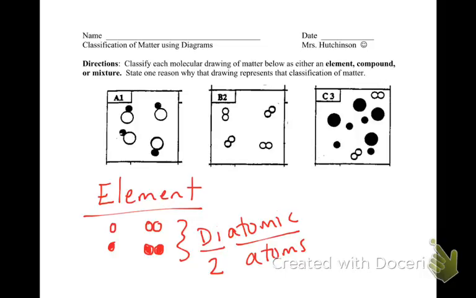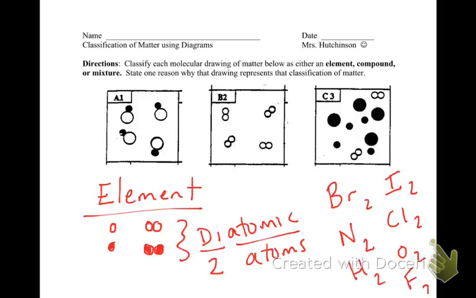They exist as atoms that are paired. And there are 7 of them. And you'll get to know them very well. So bromine, iodine, nitrogen, chlorine, hydrogen, oxygen, and fluorine. So you'll get to know all of them very well.